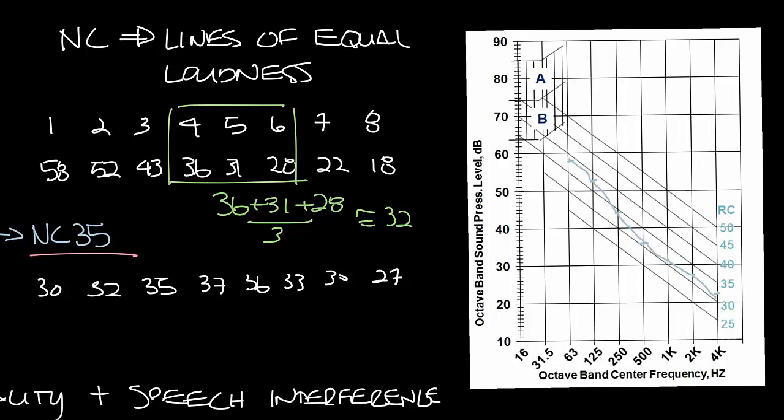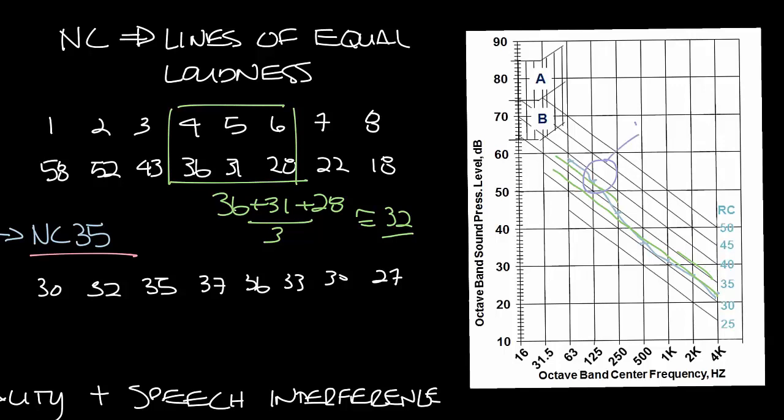Now you need to look at the quality of the speech. So you draw a line at RC32, which is right about here, and above that in the low frequencies, which would be below 250 hertz, you draw a line 5 dB higher. And then in the high frequencies, you draw a line that's 3 dB higher than RC32. Now, if you cross the line in either place, you're going to have a sound quality problem.